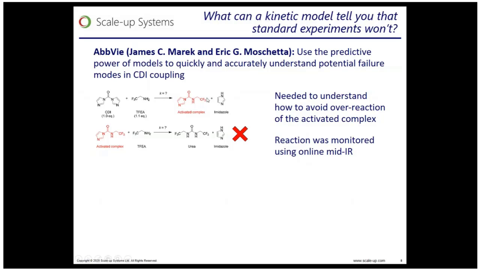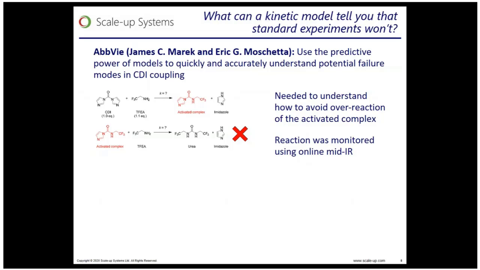So in this case, we had a desired reaction where CDI was reacting with this TFVA, this amine, to form an activated complex, and that was then going to go on to react with another reagent. But there was also a competing overreaction of the activated complex to form urea, and this was undesired. And so the aim was to maximize the formation of the activated complex and ideally avoid urea formation.